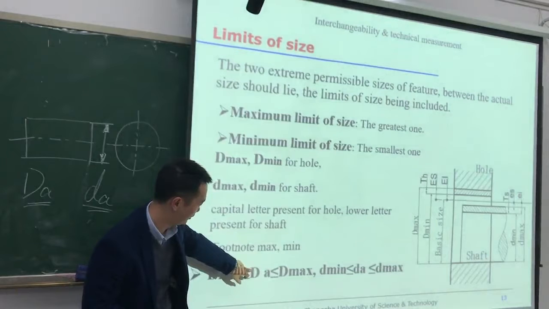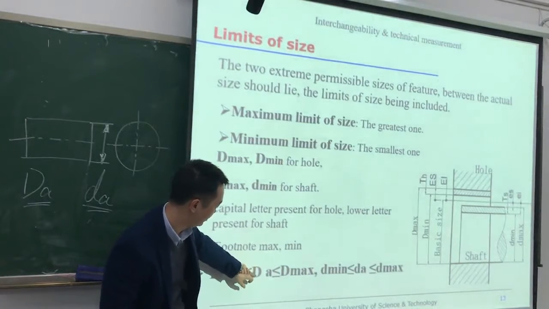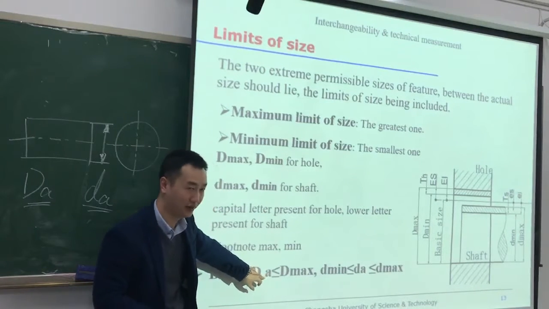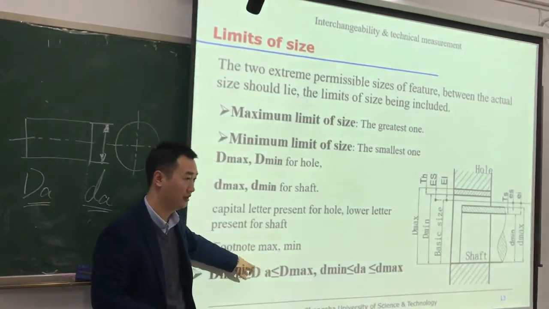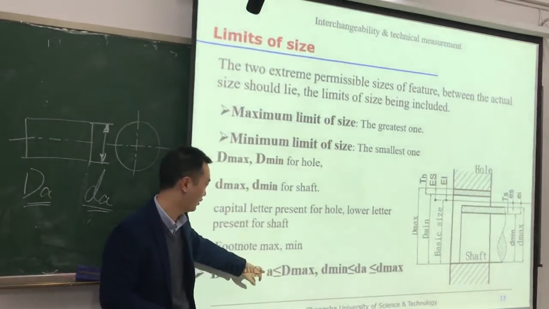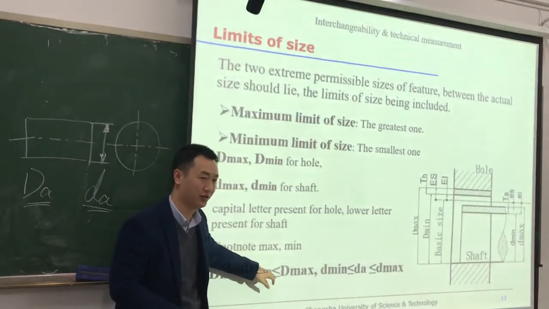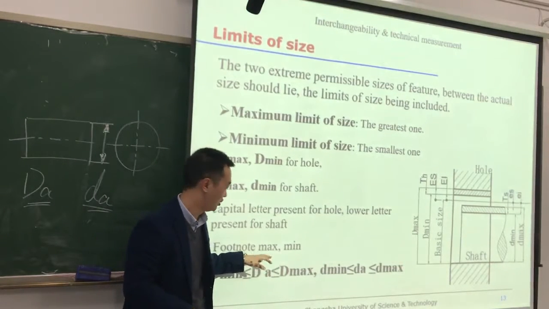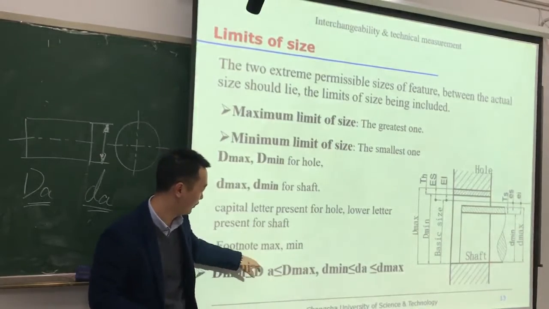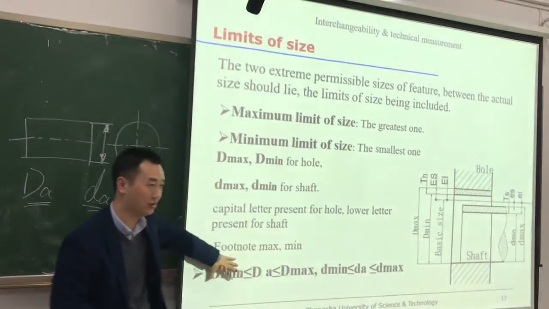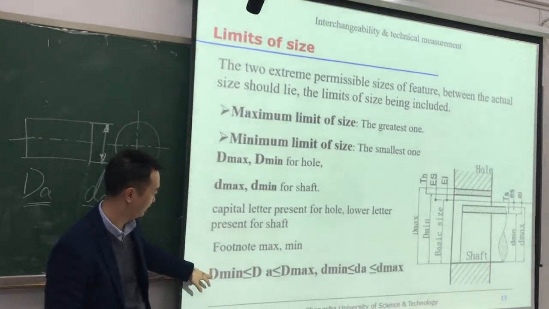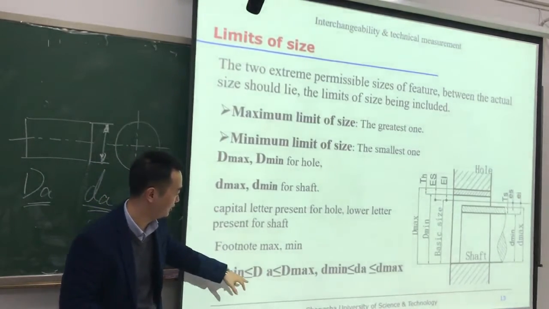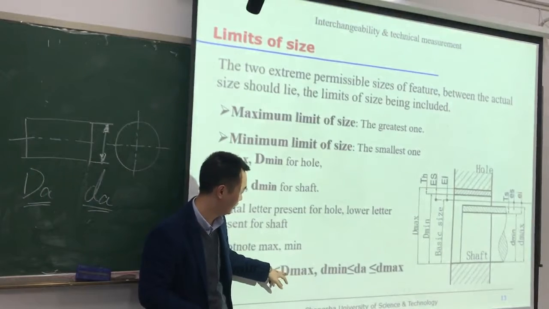We mention the capital D with the footnote a. What does it mean? Capital D a is the actual size of the hole, right? So the actual size of the hole is in this range, from capital D min to capital D max.